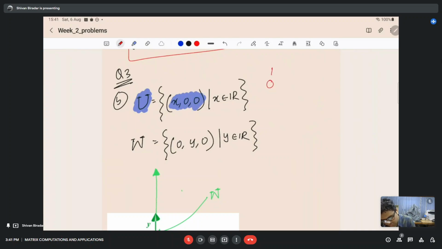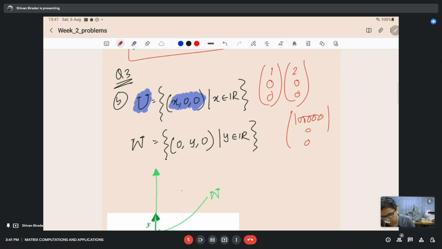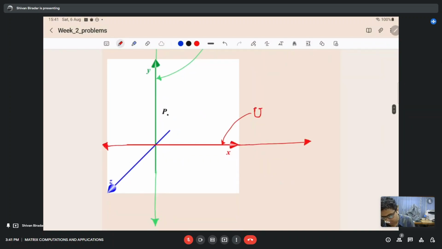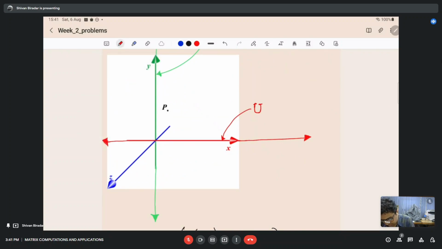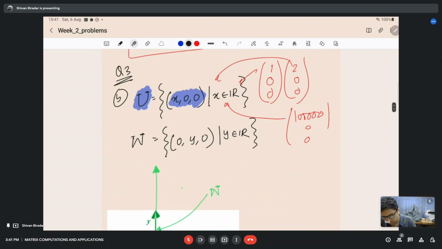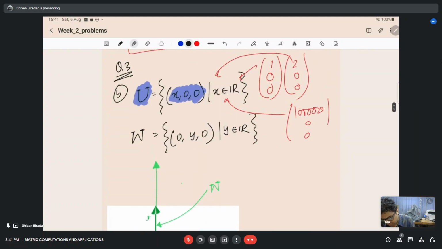So this vector 100, 200, 1,00,000 all belongs to this set U, right? So what is happening here is that U is basically the x-axis only, and W is basically this.